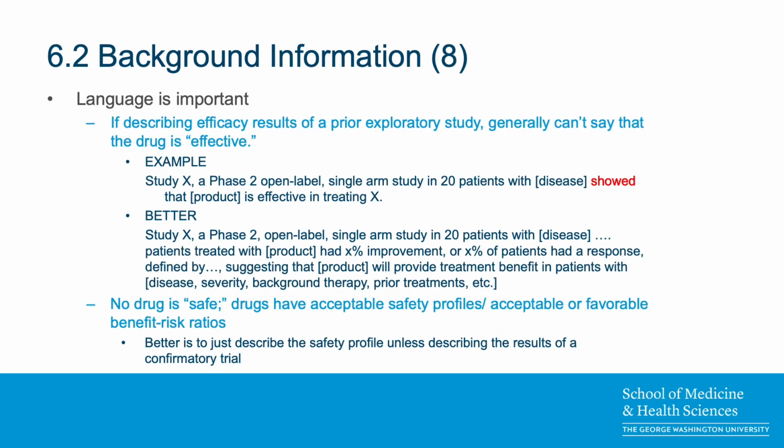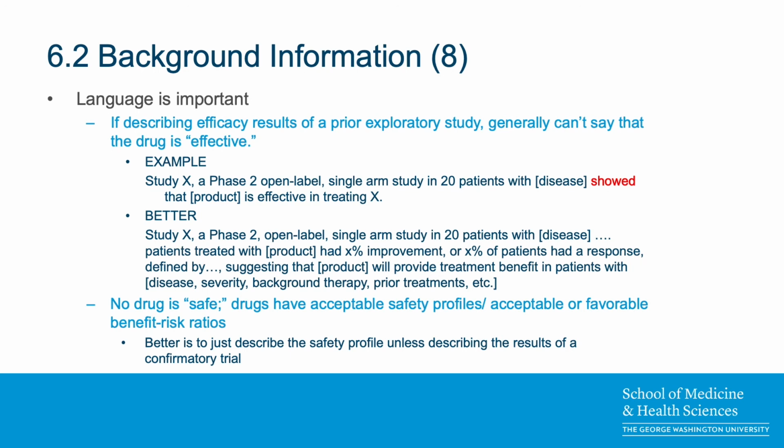And this is just a personal thought about language in the section when the results of trials are described. Sometimes there's an overstatement of the results of trials. For example, when an exploratory study is being described, it's very difficult to say from those results that the drug is effective. And it's much better, and I've provided some example language here that you can look at, to just say what the results are and not overinterpret these early studies.